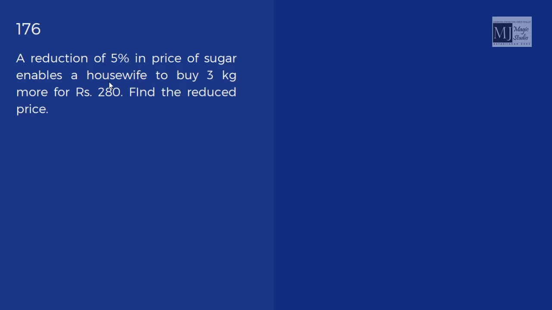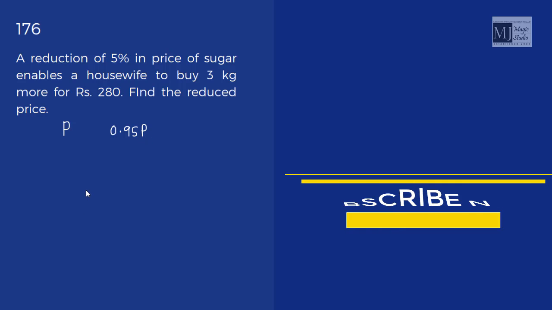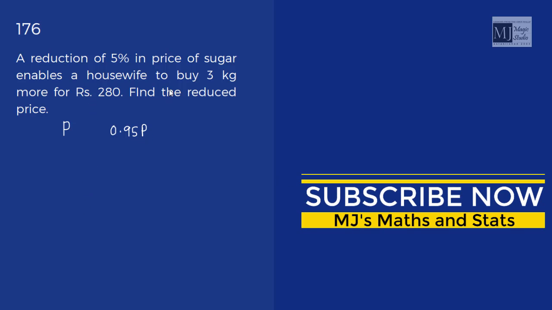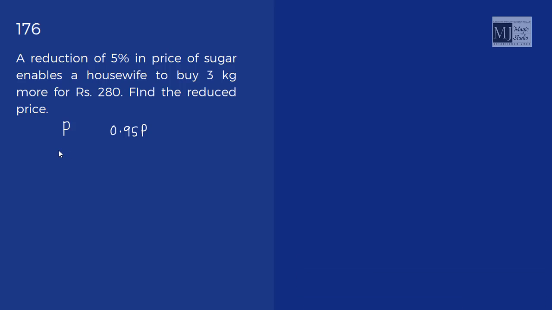A reduction of 5% in the price of sugar. So the price was P, now the new price is 0.95p. It enables a housewife to buy 3 kg more for rupees 280. So initially she was buying 280 by p kgs.